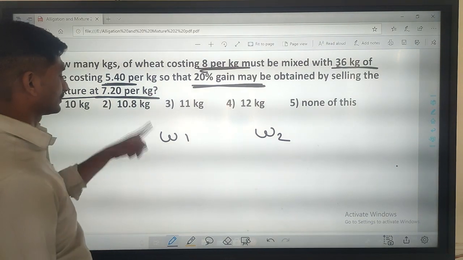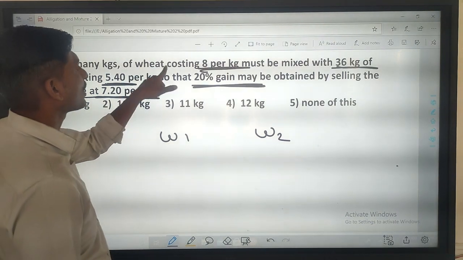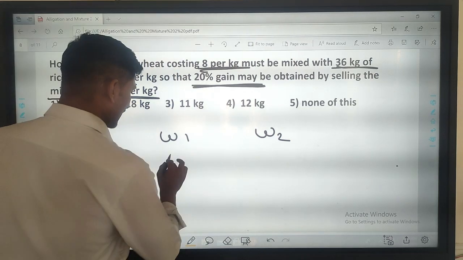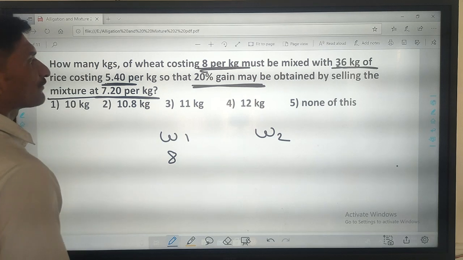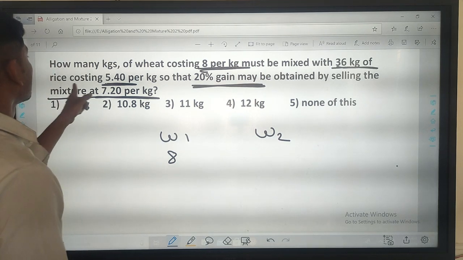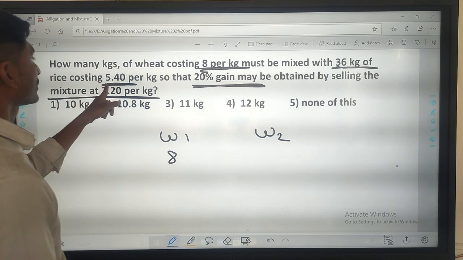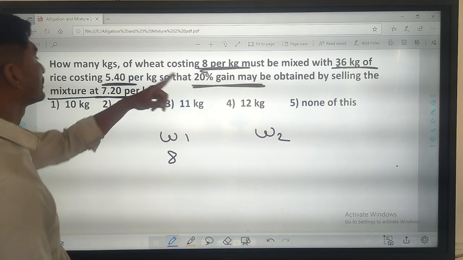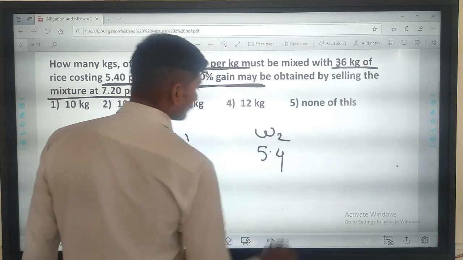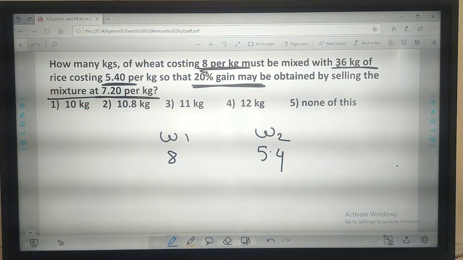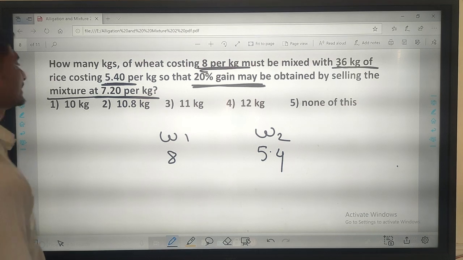Now the cost of the first type of wheat is 8 rupees per kg and the cost of the second type of wheat is 5.4 rupees per kg.